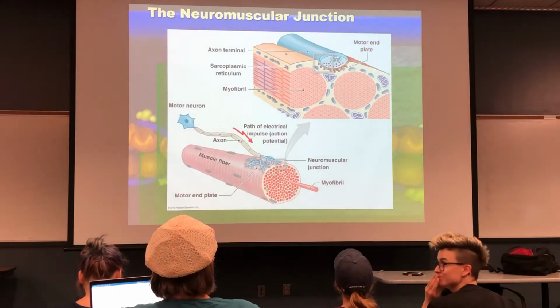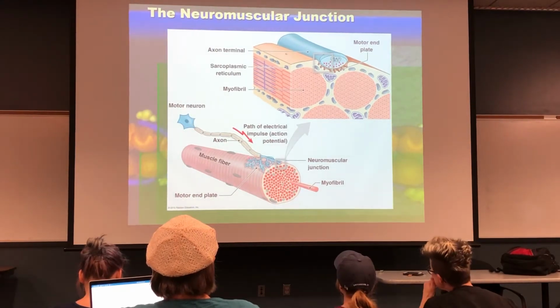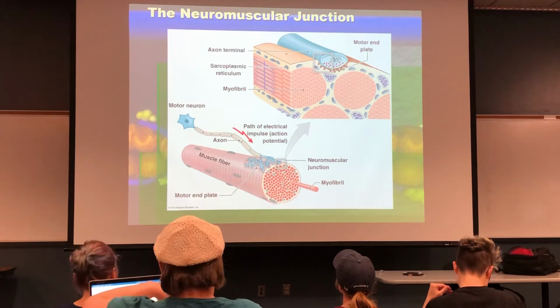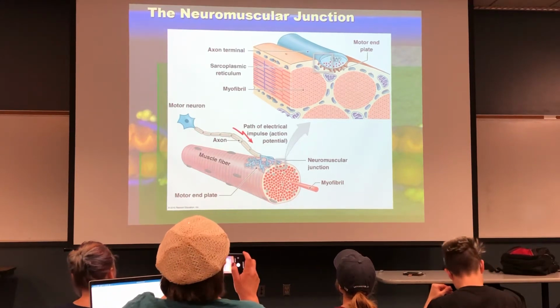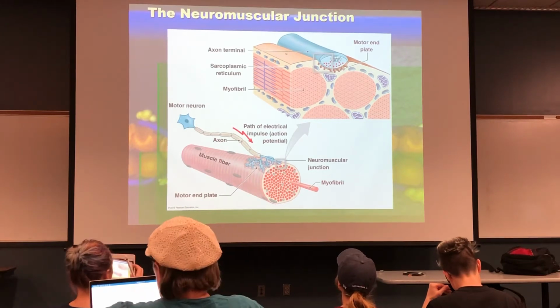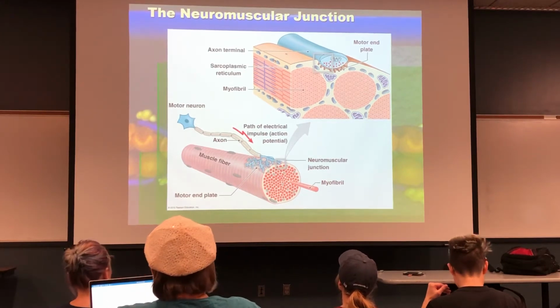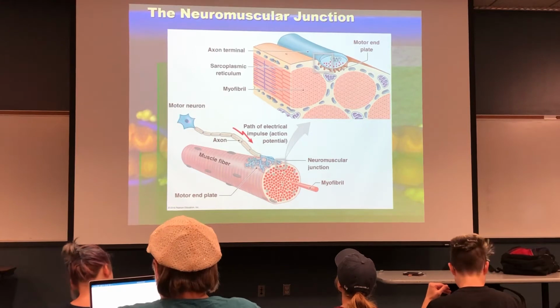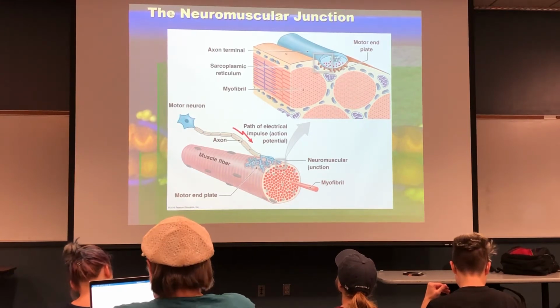So here's what we just looked at. Here is the axon, here is the synaptic knob with the neuromuscular junction, and it's trying to make a connection. And remember, the cell body with the nucleus is really far away.